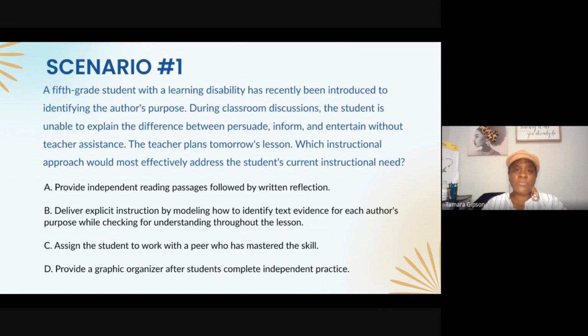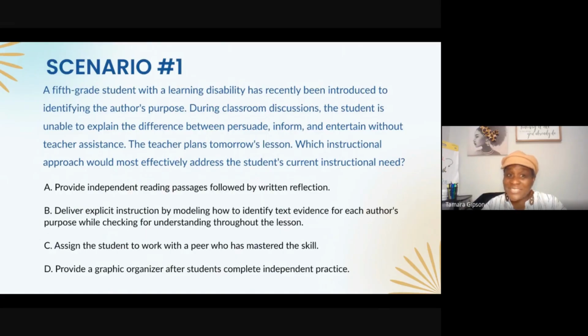Or B, deliver explicit instruction by modeling how to identify text evidence for each author's purpose while checking for understanding throughout the lesson? Or maybe C, assign the student to work with a peer who has mastered the skill. And finally, D, provide a graphic organizer after the students complete independent practice.